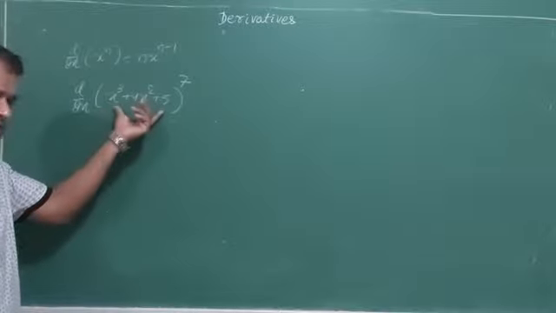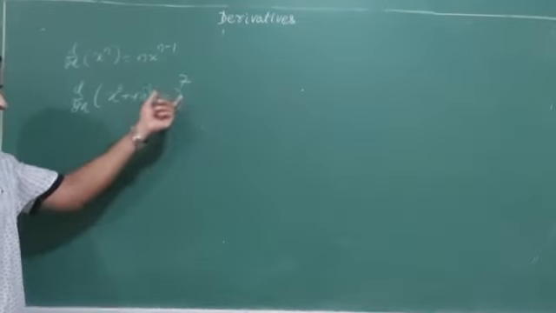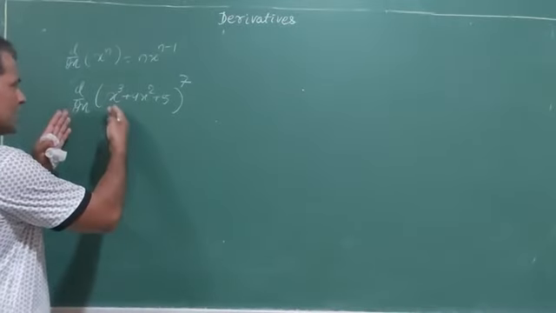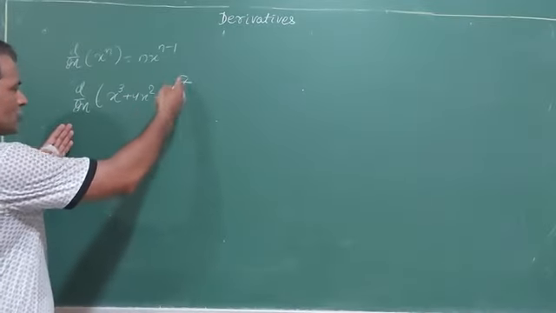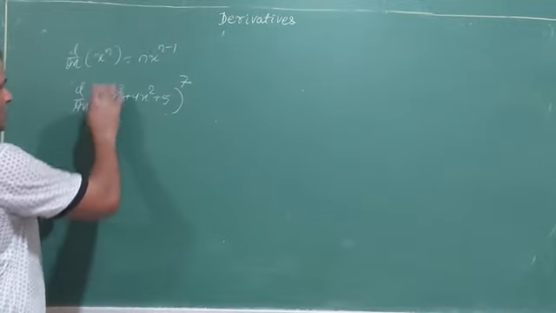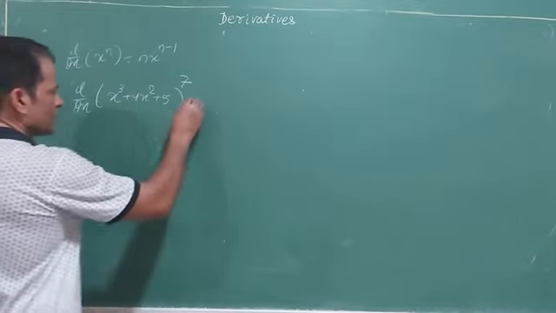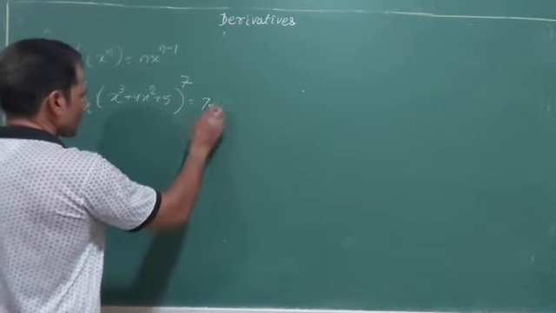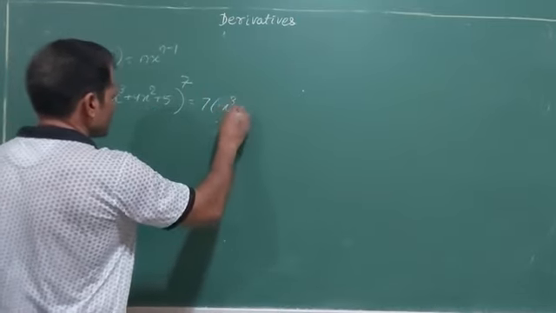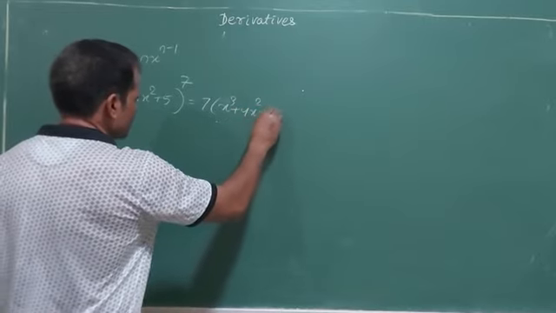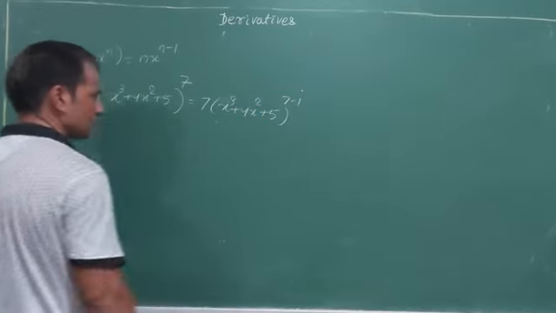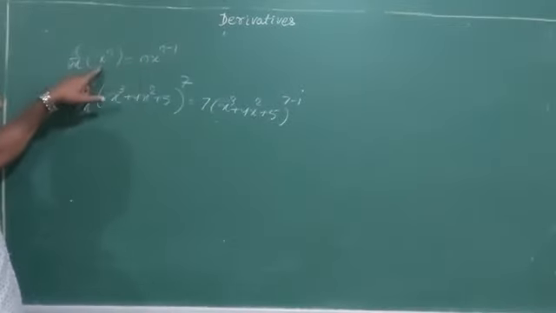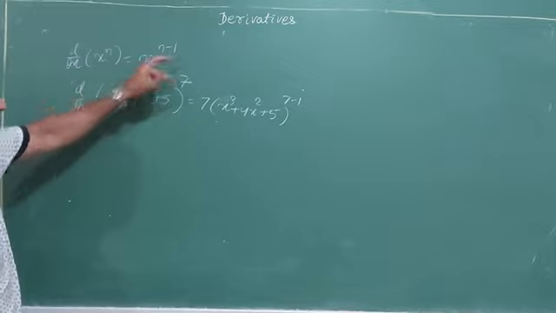Now treat this whole expression as x and 7 as n. The formula is 7 into this value, x cube plus 4x square plus 5 to the power 7 minus 1, n x to the power n minus 1, into derivative of x. The derivative of x gives you 1. Now is it x?